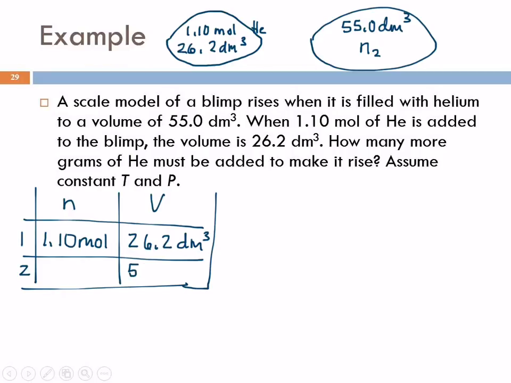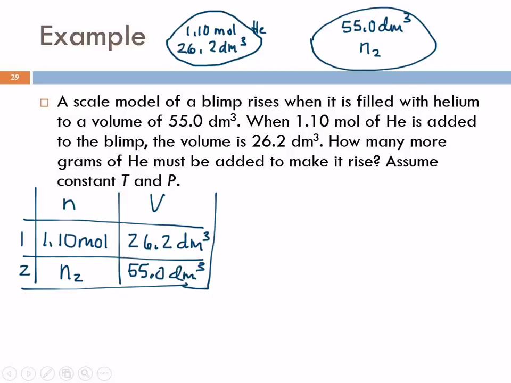We want the volume to be 55 cubic decimeters, and Avogadro's law will help us to figure out how many moles of helium are in there. If we know the moles of helium that we need to have in the blimp, and we know how much we started with, we could figure out by subtracting how many moles we need to add. It wants grams. We can convert moles to grams.